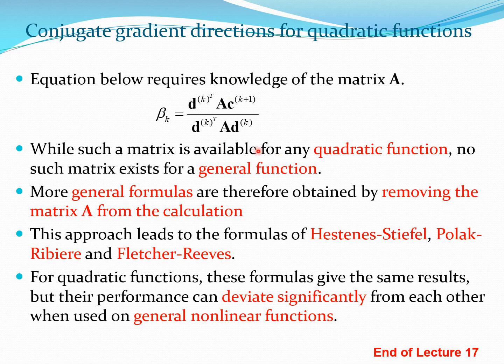So no A matrix comes there, though these formulas are actually derived from a situation where you are presuming a quadratic function. That is something which is interesting. Now for quadratic functions, all these formulas will give the same results, but their performance can deviate significantly when you apply them to general nonlinear functions.